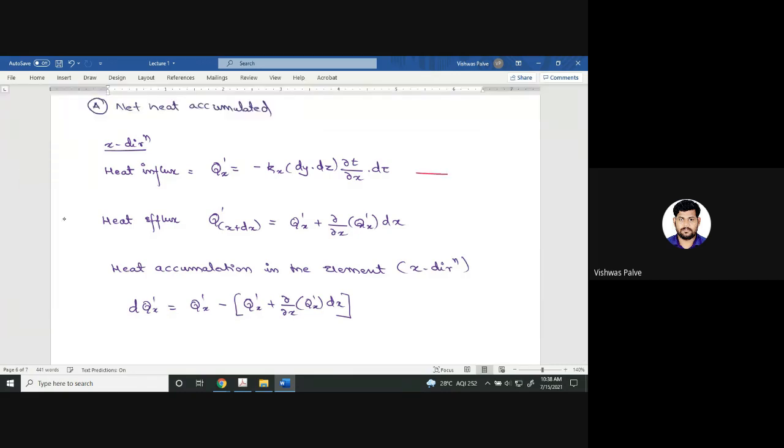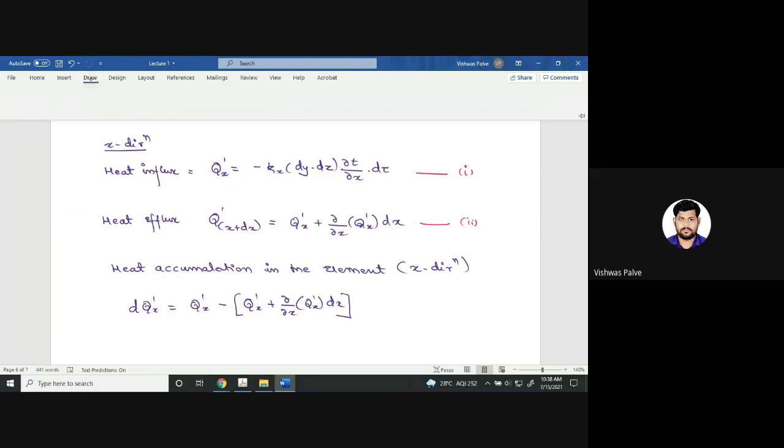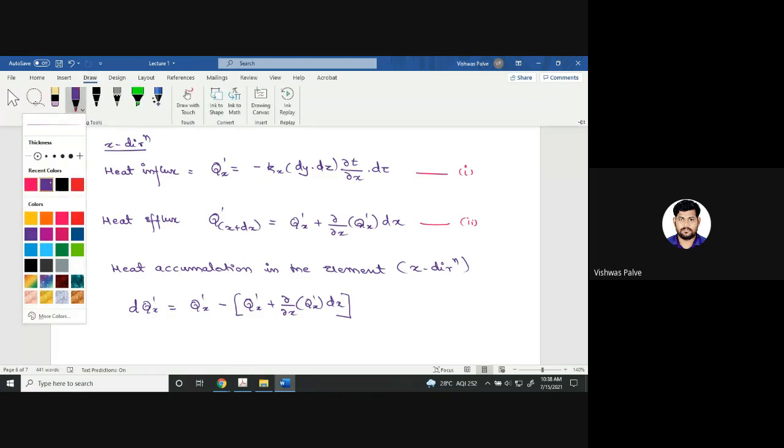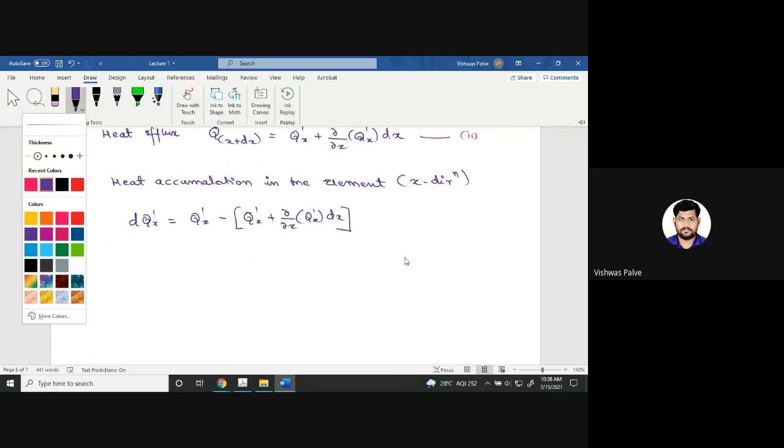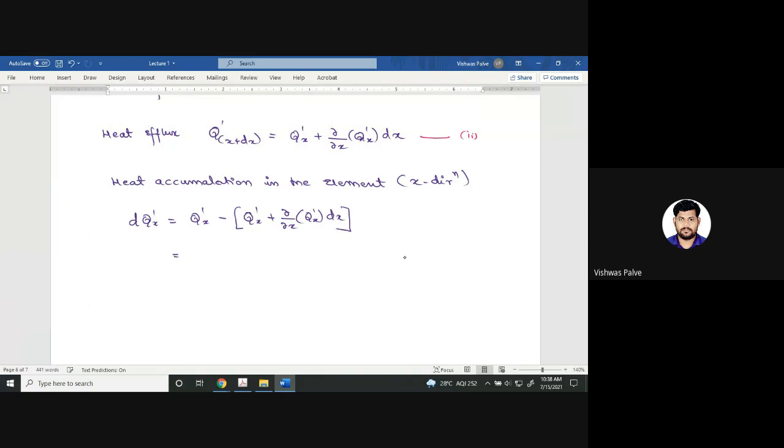So this is equation number 1, and this is equation number 2. So difference of that will be the heat which is accumulated inside the body. And if I simplify this equation, you will get minus dou by dou x into qx dash into dx, right?